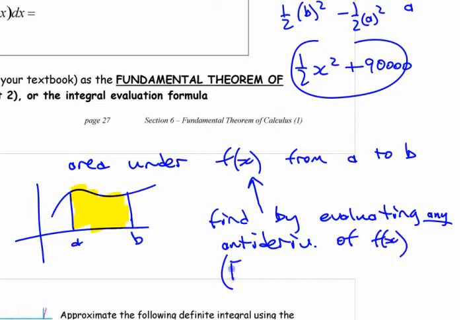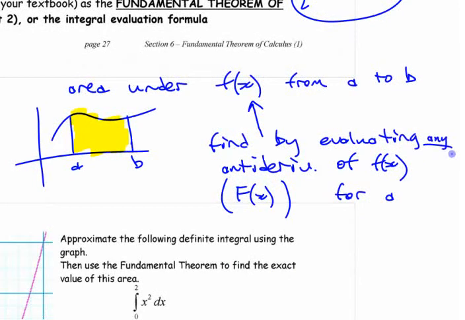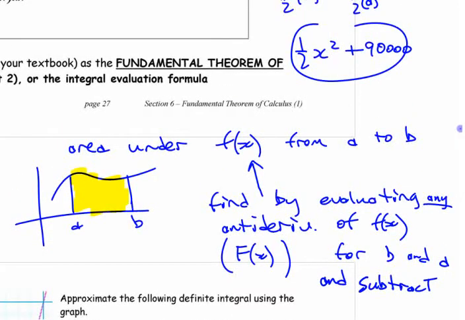Here they're calling it capital F. You evaluate it for b minus the same thing evaluated at a, and subtract them. You subtract the two because then any constant you add on is going to disappear.